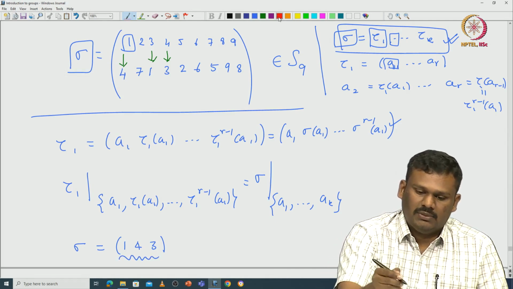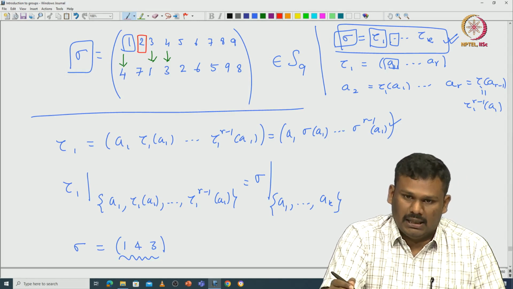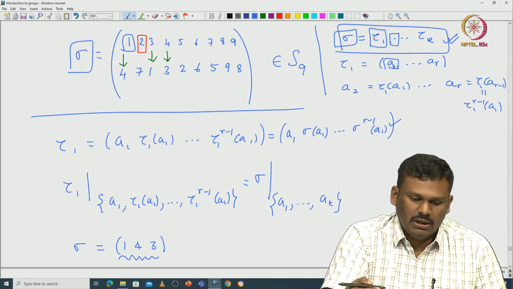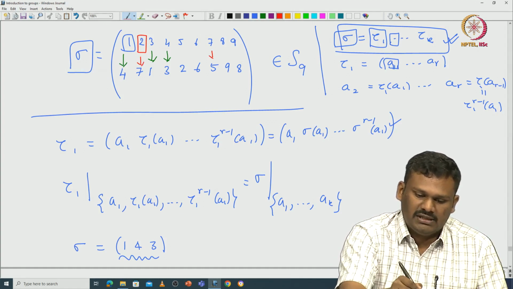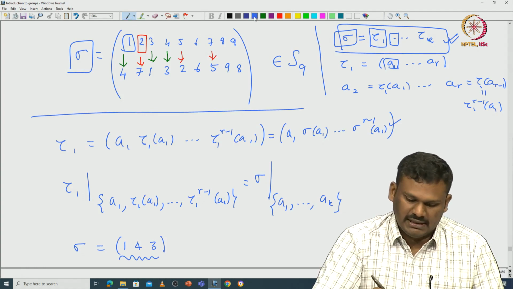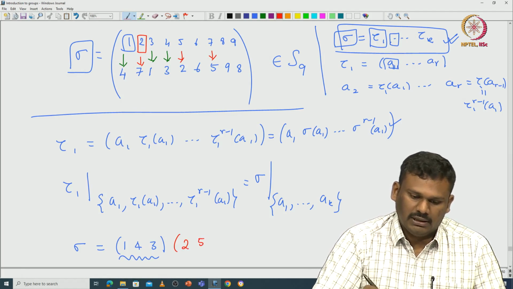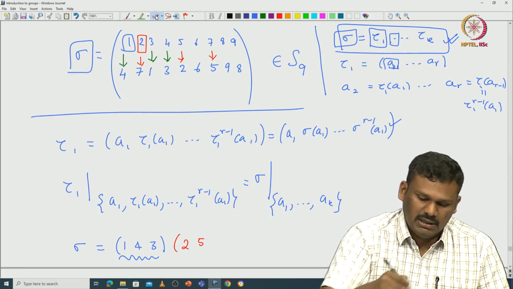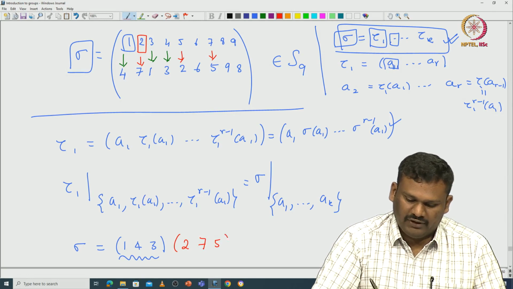For example, I can go to 2 and play the same game. 2 is mapped to 7, 7 is mapped to 5 and 5 is mapped to 2 again. So the second cycle is: 2 mapped to 7, 7 mapped to 5 and then 5 mapped to 2.